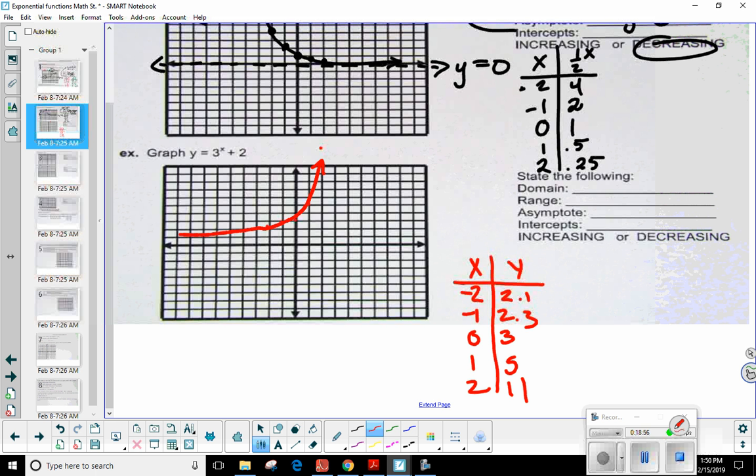Okay. Now, where's the asymptote? There we go. So remember we said before that the only transformation that really is going to affect the asymptote is a vertical shift. So if everything goes up 2 and he was originally at 0, he wants to be at 2 as well.